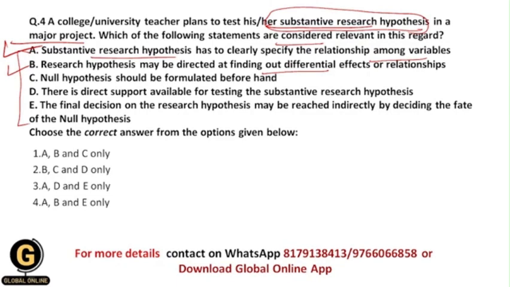Null hypothesis should be formulated beforehand. Here we are going to test the research hypothesis, and that's why beforehand we don't need to formulate a null hypothesis. So this statement is incorrect.